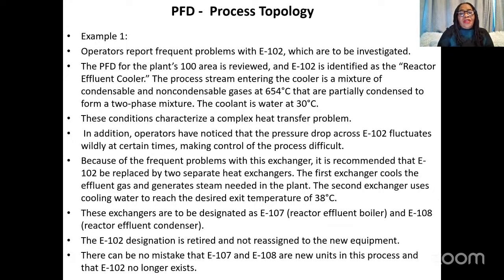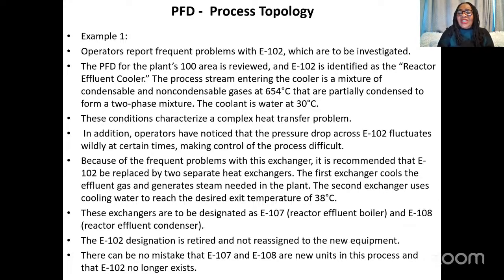So because of the frequency of this problem with this heat exchanger, it's recommended that E102 be replaced by two separate heat exchangers instead of having that one with all the complex conditions that is producing complex problems. They recommend using two different heat exchangers in place of that one.